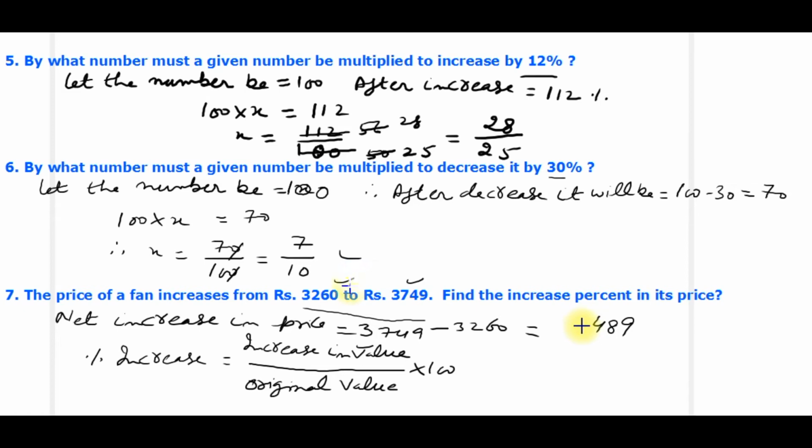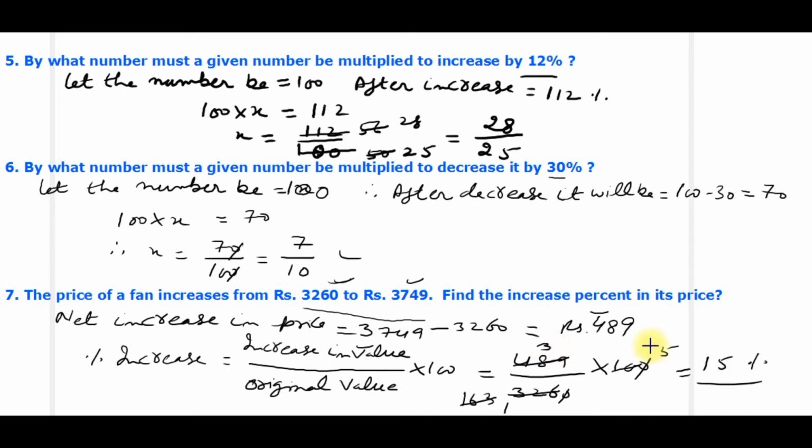From where it increased? 3260. For percentage, multiply by 100. Now cut, 163 2s are 326, 163 3s are 489. So net percent increase would be 15%, right? Now we move on to the next question students.